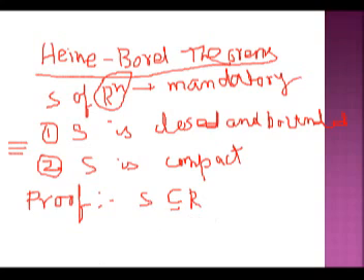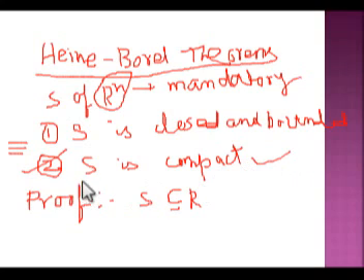Now, if S is a subset of R, I am taking S to be compact. What is the definition of compact? I have already launched a video introducing compactness. Compact means every open cover of the set S must have a finite subcover.